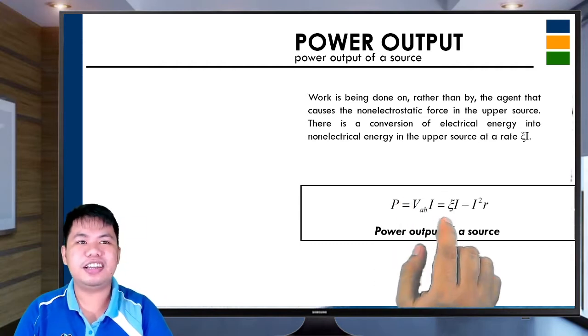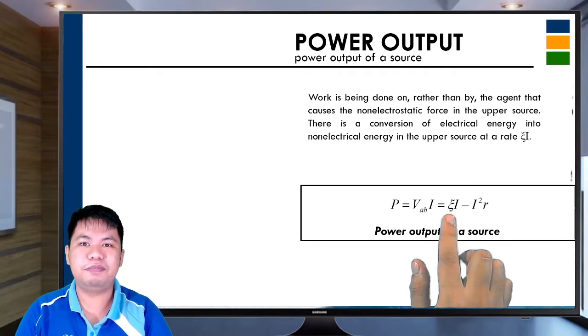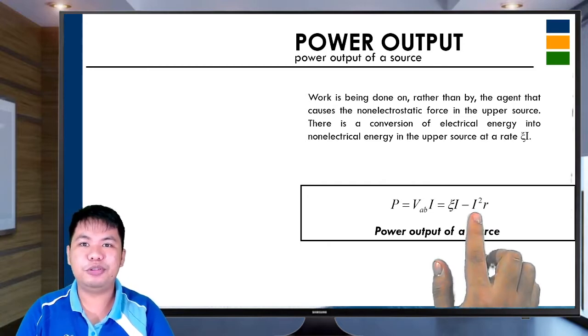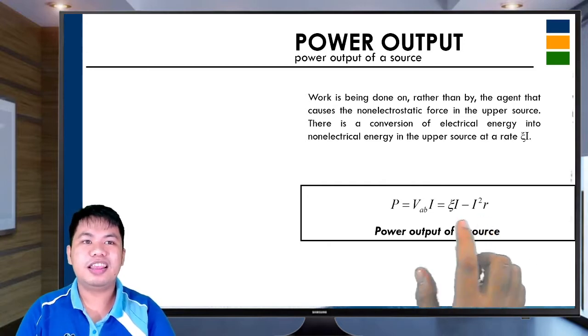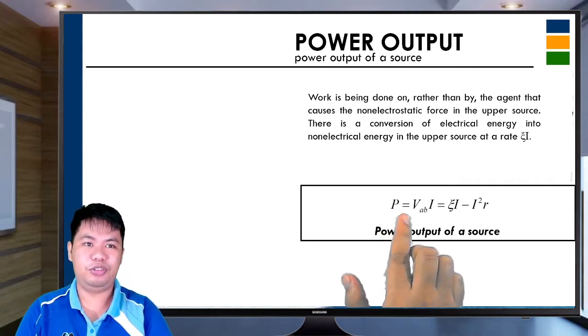As you can see in this formula, the EI is the ideal or theoretical power produced by the source, while the I squared R is the dissipated power in the source. So this is the total power produced by your source.